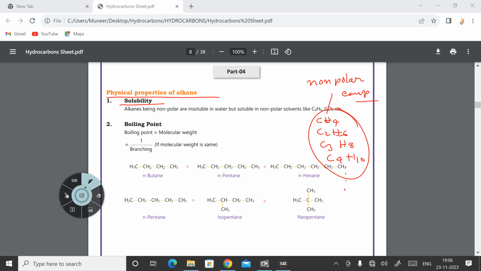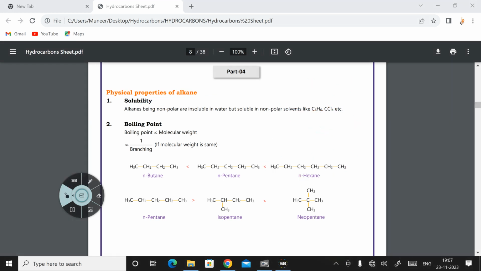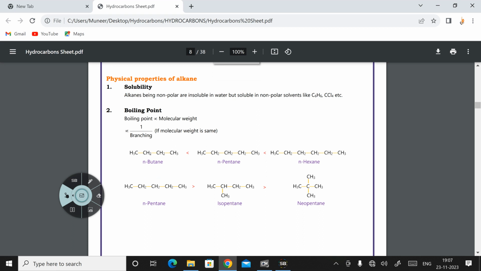Non-polar compounds are soluble in non-polar solvents. Examples of non-polar solvents: benzene, carbon tetrachloride, CCl4, kerosene, diesel, etc. So alkanes are non-polar compounds.